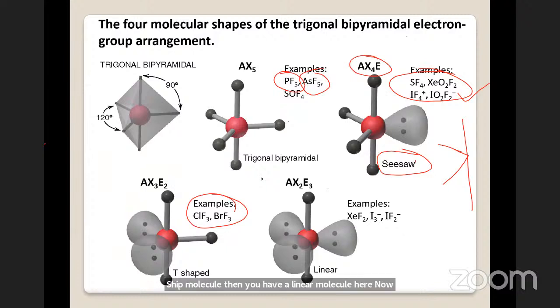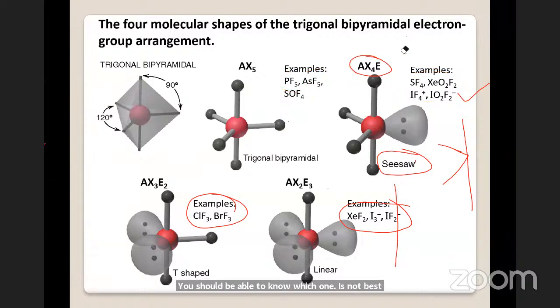Now, this linear molecule is not a result of sp hybridization. All these ones are linear molecules, but not as a result of sp hybridization. So if you're asked which of the following is a linear molecule but not by sp hybridization, and I give you carbon dioxide, hydrogen chloride, xenon difluoride, and the like, you should be able to know which one is not an sp hybridized linear molecule.